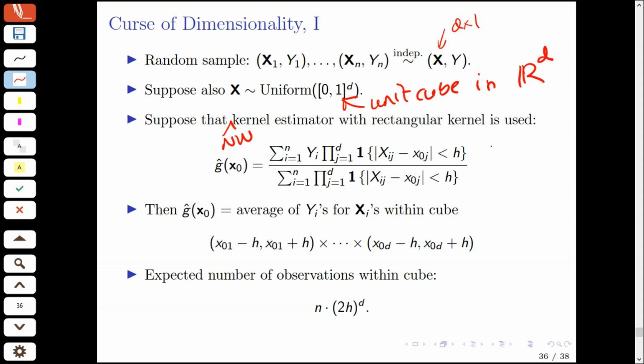Now, based on this formula, we see that the kernel estimate at the point x0 is just the average of outcomes corresponding to the regressors which fall within a cube centered at x0, and with diameter given by 2h.